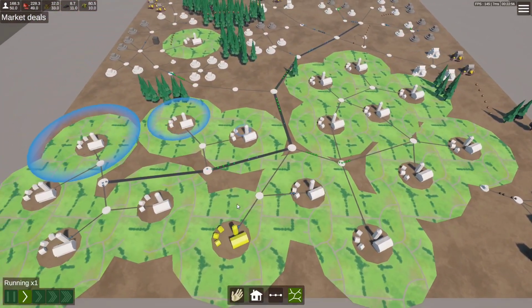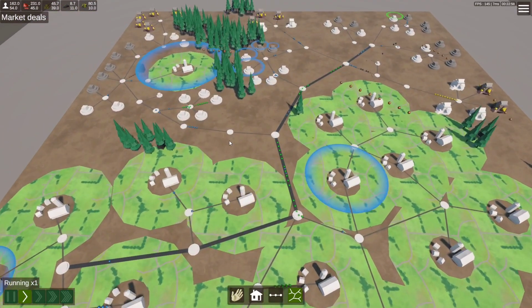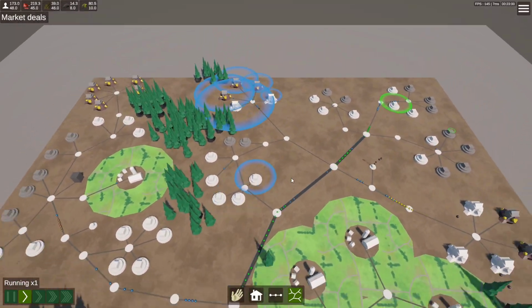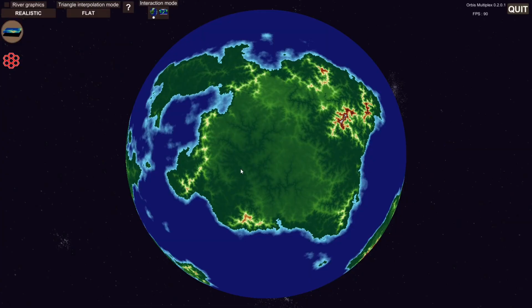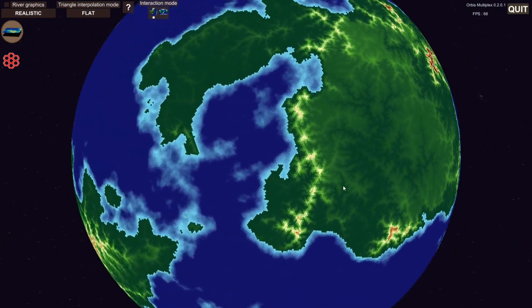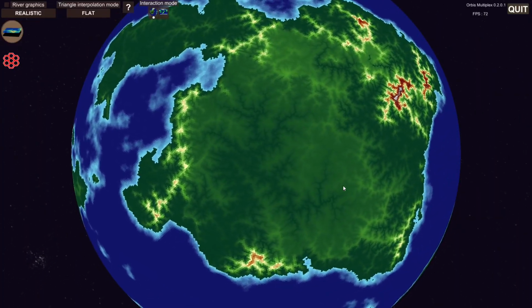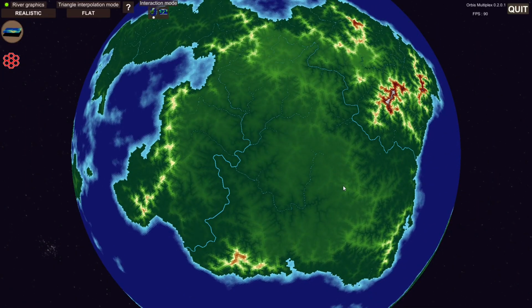This is a system that I initially wanted to have on the Orbis Multiplex project. Orbis Multiplex hasn't been developed for quite some time.